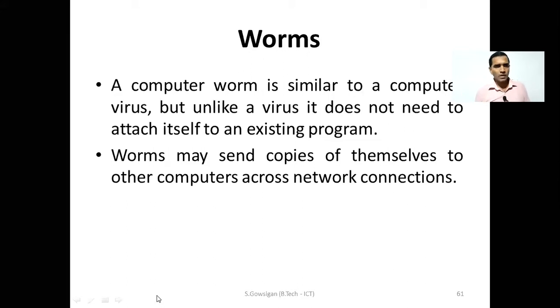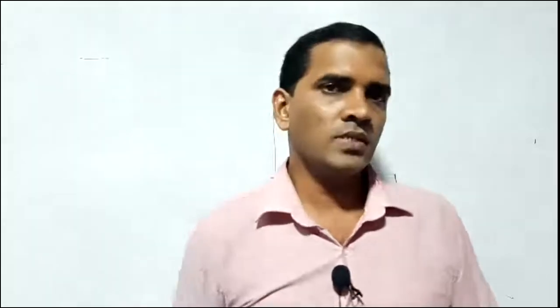Worms can replicate themselves, and a virus can replicate itself. That is a similar characteristic. What is the difference? A virus attaches to another program to survive, but a worm can survive alone. So these are the things related to virus and worm.